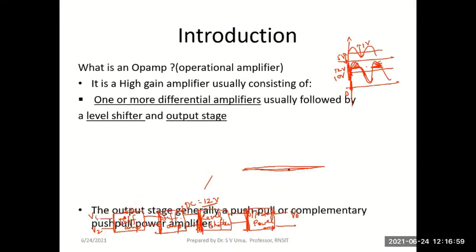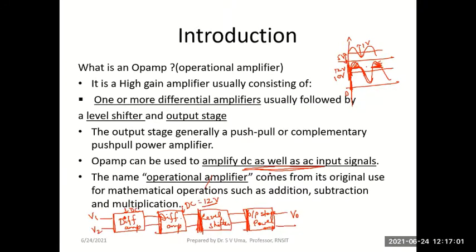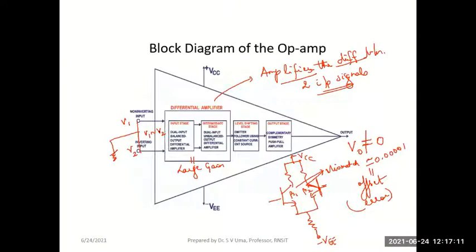And we spoke about the definition of op-amp: a high gain differential amplifier, which has multiple differential amplifier stages followed by a level shifter and output stage. This is the block diagram of the internal construction of an op-amp. We'll have hundreds of transistors on a single op-amp circuit. So please remember the block diagrammatic approach is the easiest.